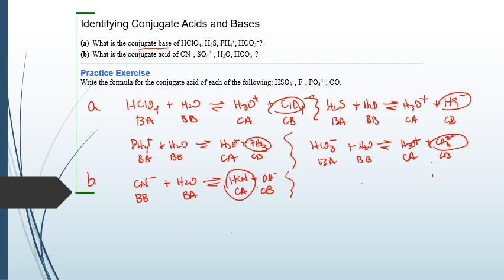If we do the same thing for the SO4 2-, you guys might be familiar with that and think, oh, it's going to go to sulfuric acid, but they can only ionize one hydrogen at a time. So one of the hydrogens would come over, and that would give me HSO4 with a -1 charge, and then I would have OH minus as the other product.